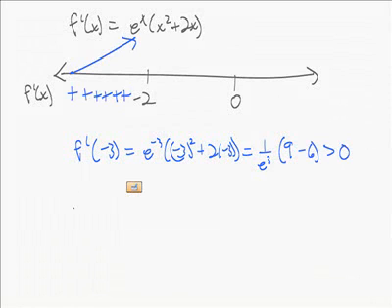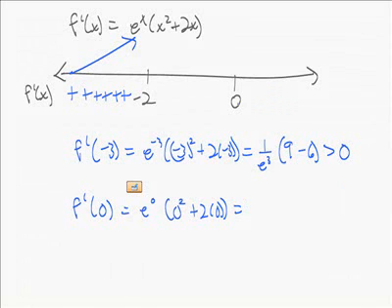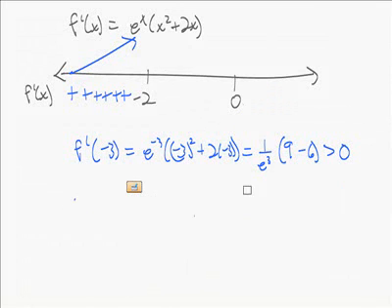If we take f prime of 0, here we have e to the 0 times 0 squared plus 2 times 0. Actually, that's going to be 0, isn't it? Yeah, we knew that already. How about let's try a number in between negative 2 and 0. Let's try f prime of negative 1.